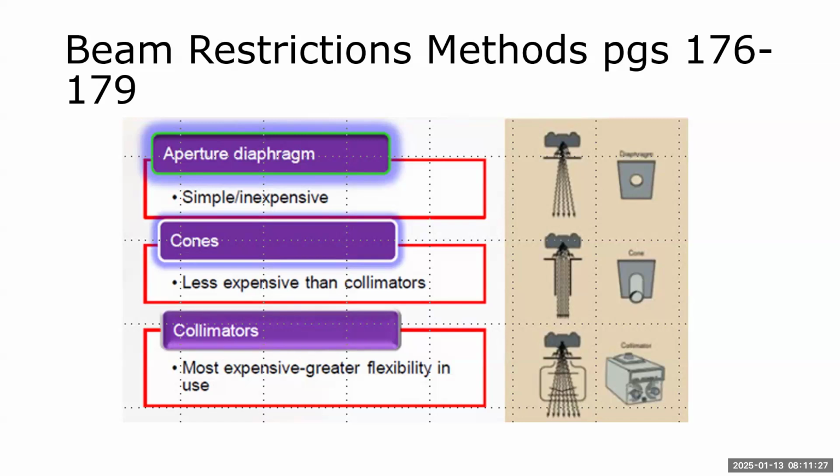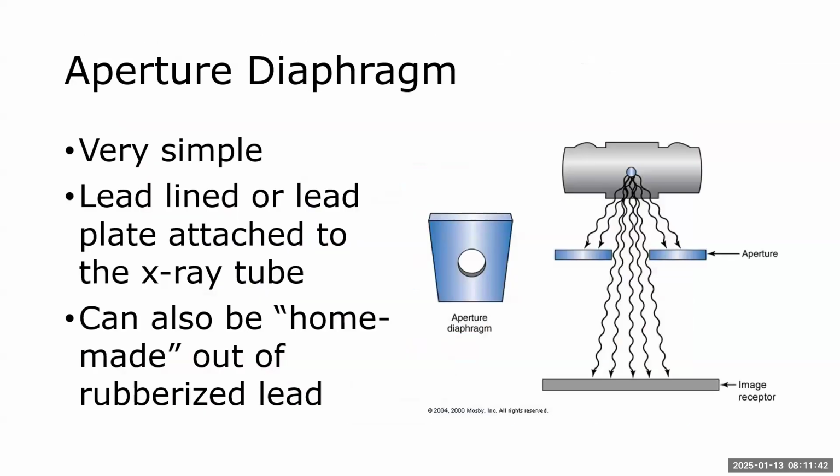So there are aperture diaphragms, which is just basically a piece of lead with a hole in it. There's cones, and there are collimators, which is what we typically are using these days. Some of these others are older technology, but we still have to talk about them just a little bit. The aperture diaphragm is very simple. It's a lead lining or lead plate attached to the tube.